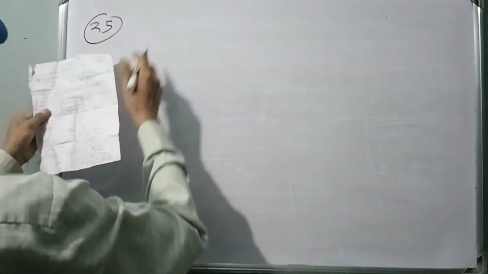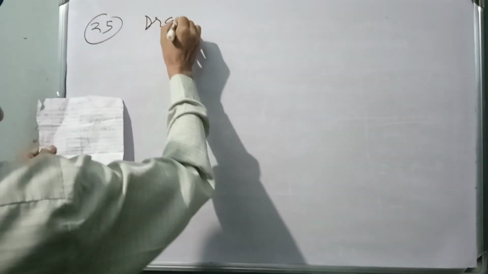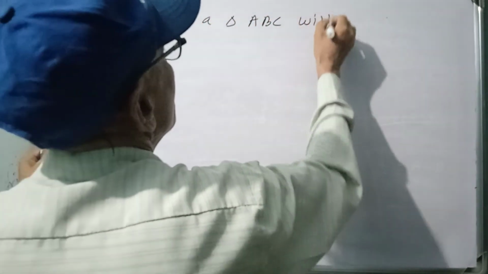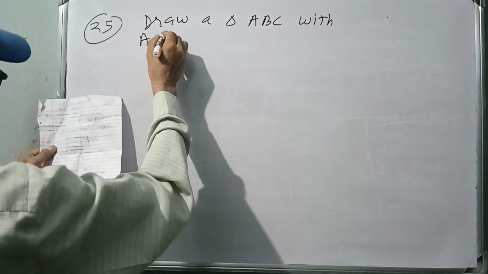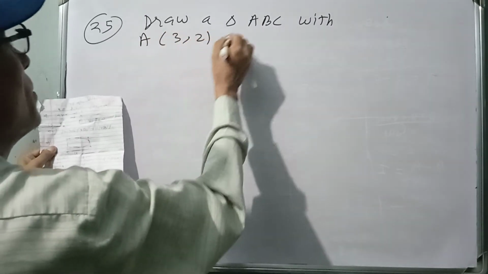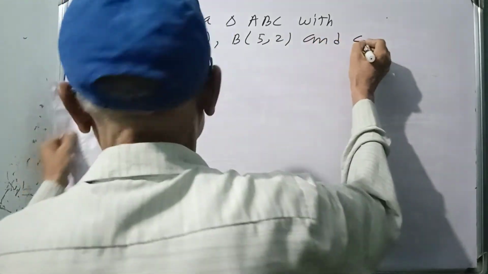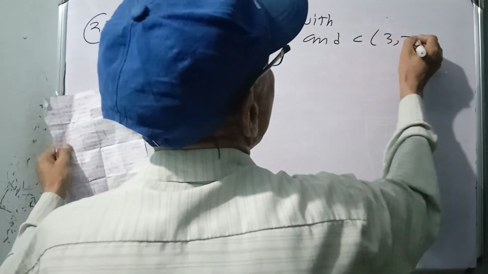Question number 25 is: draw a triangle ABC with A(3,2), B(5,2) and C(3,-2).